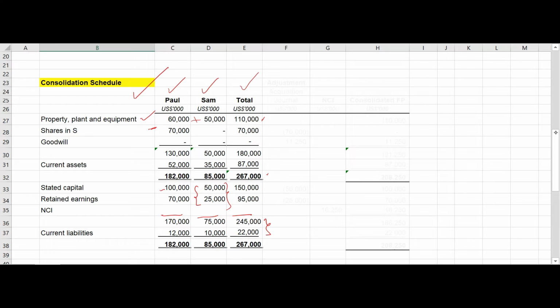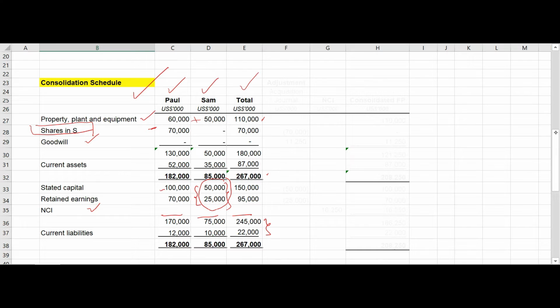So as you can see, when you prepare the combined financial position, I have taken one line for goodwill as well as non-controlling interest. Okay. So when you prepare the consolidated financial position, first of all, what you need to do is compare the investment made by parent company along with the net assets of the subsidiary company to identify the goodwill.